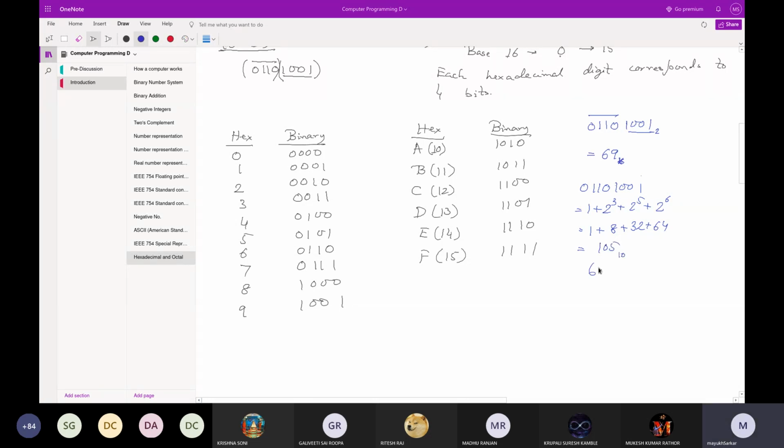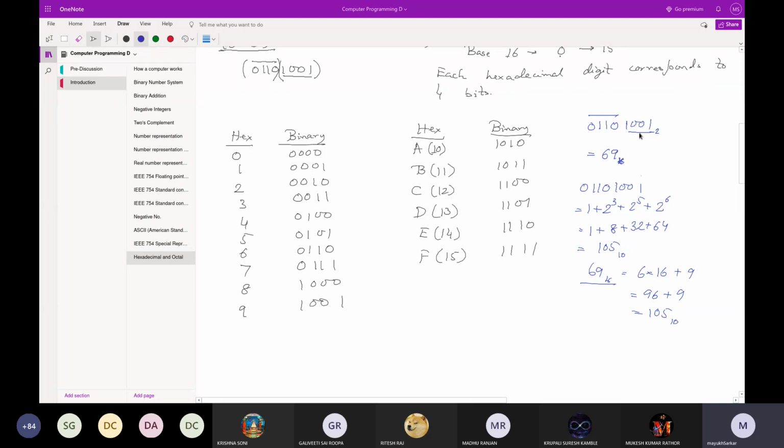This is in base 10, and 69 in hexadecimal. This will be 6 into 16 plus 9. Okay, so you can do this simply just by looking at the bits.